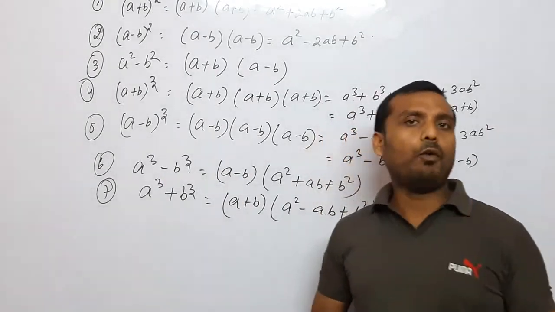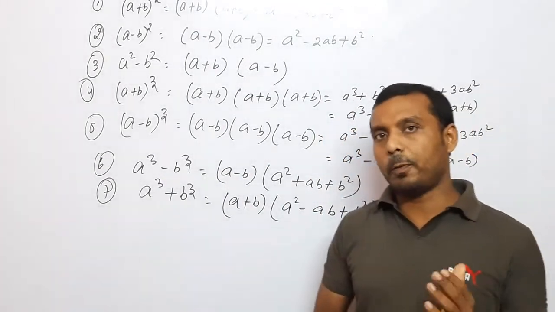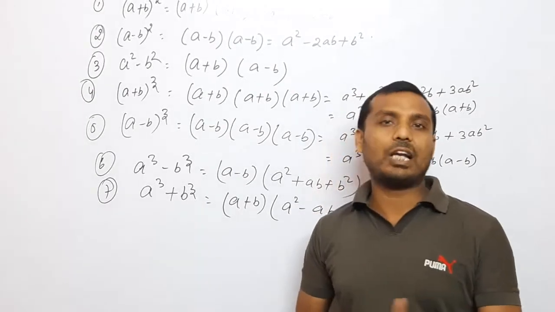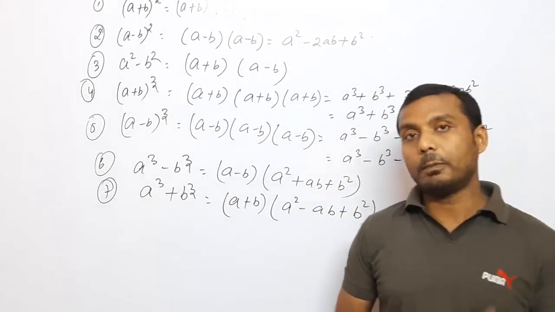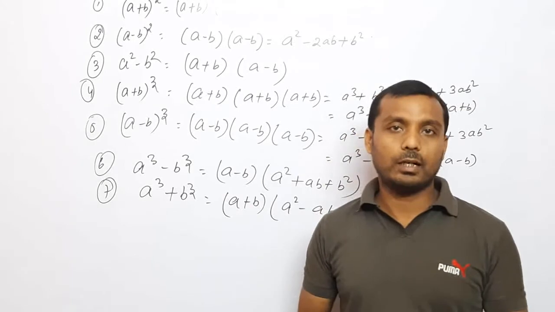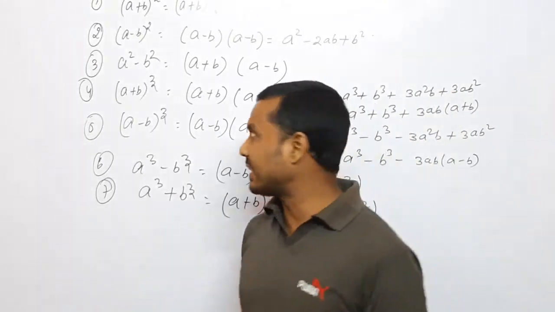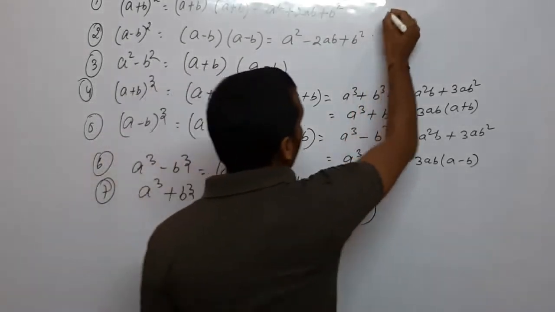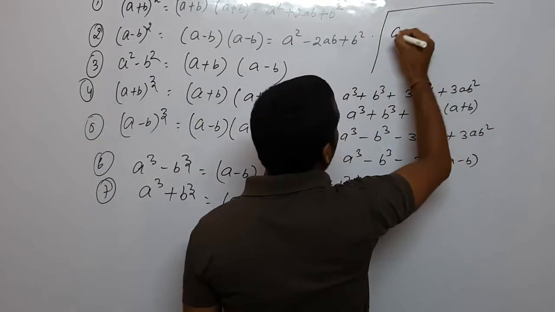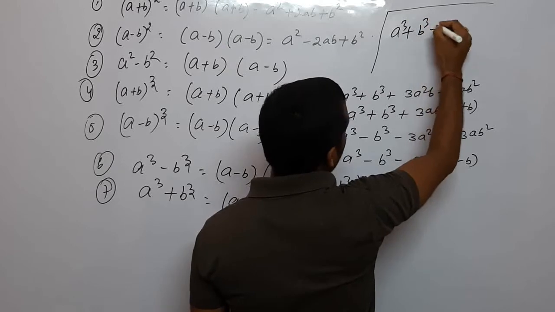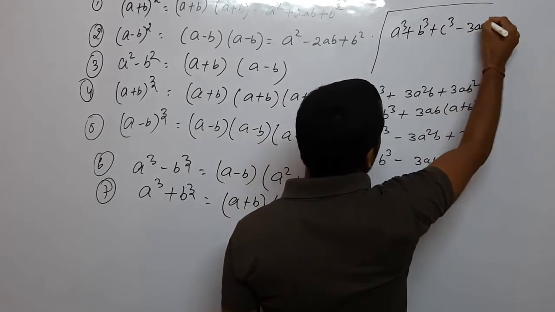Okay. One more formula we have to discuss, but as per the recent scenario, the CBSE has deducted 30% of the syllabus from every subject, so this formula has been removed: a cube plus b cube plus c cube minus 3abc.